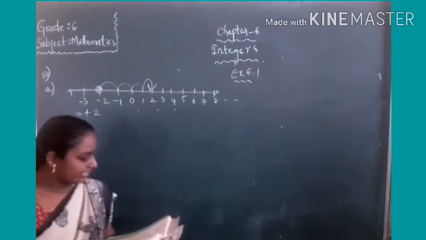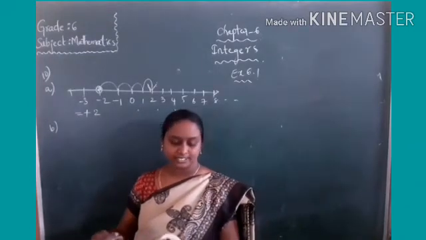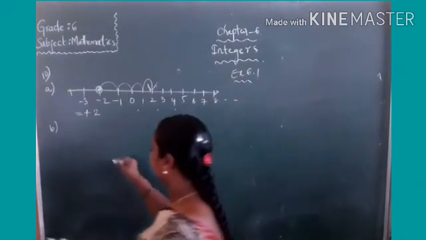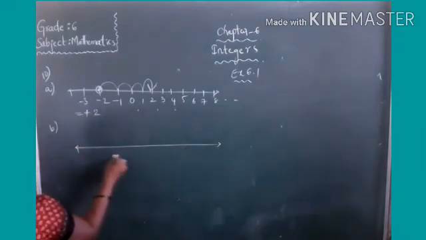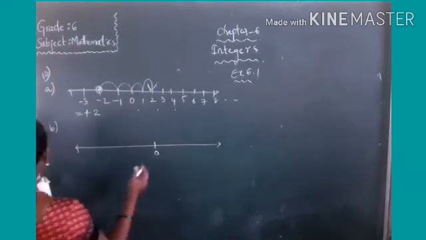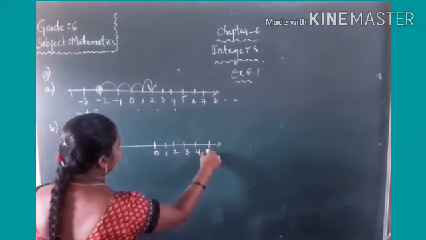Which number will we reach if we move 5 numbers to the left of 1? Left of 1, you have to move 5 numbers. So 1, 2, 3, 4, 5.